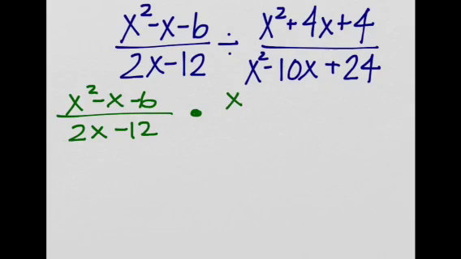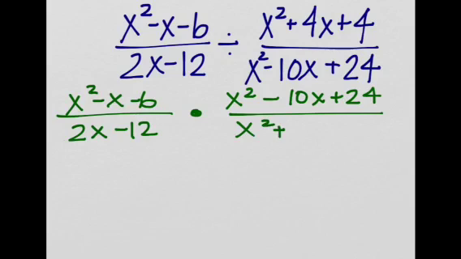We're going to multiply, and then what was in the denominator now becomes our numerator, and the numerator drops down to the denominator. Once we have our problem set up like this, we're basically now multiplying rational expressions, so those same steps that we did in that previous video are going to apply.